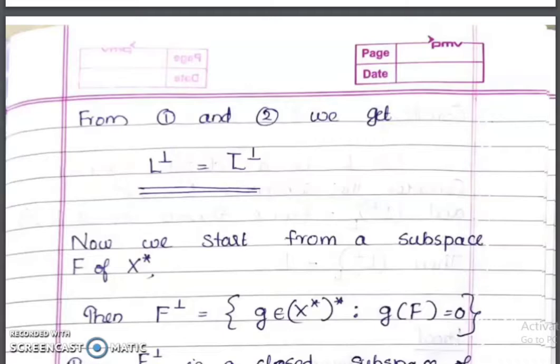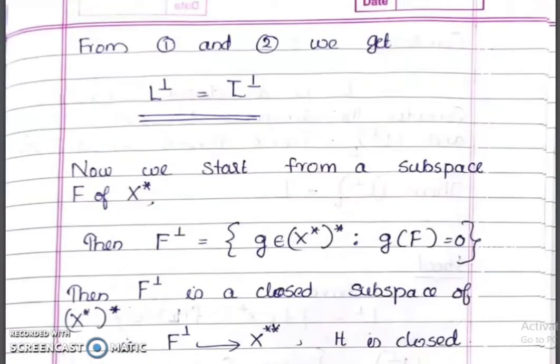Now, here actually we have chosen f belongs to L, where L is a subset of X star. And L perp means the set of all f belongs to X star such that f of L is equal to 0.